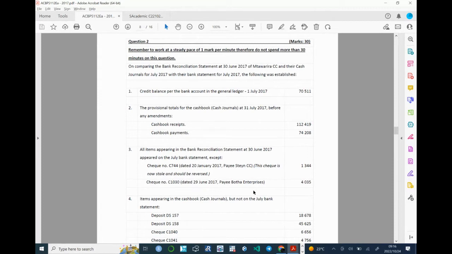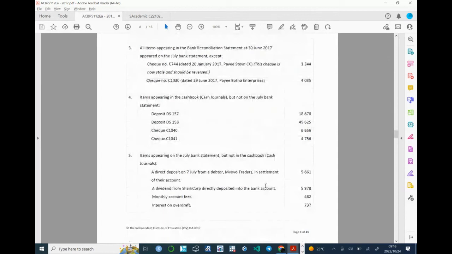Then we go down to 3, and if you guys have your question paper, you will be writing this down so that when you practice, it's a thing of just plugging in the amount. Okay, so 3, all items appearing in the bank reconciliation statement at 30 June appeared in the July bank statement except, okay, so these things are in the bank record.